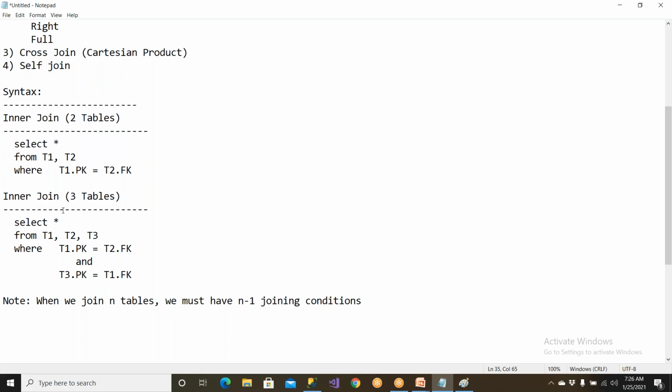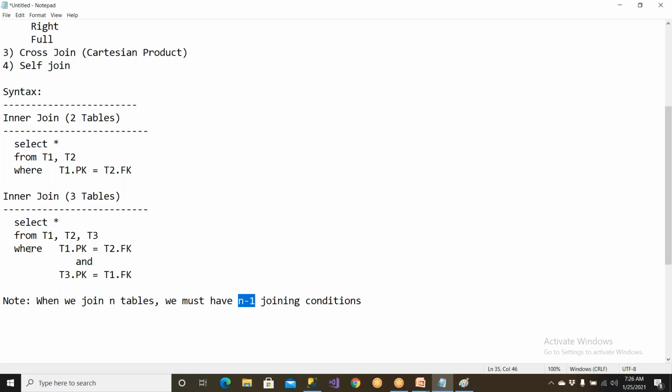So I have joined two tables here and I have written only one condition. So n means here 2, and n minus 1 means here 2 minus 1, one condition. Clear? I am joining three tables, so we must have this one condition and this one more condition. If I join 10 tables, 10 minus 1, 9 conditions have to be written in the where clause.